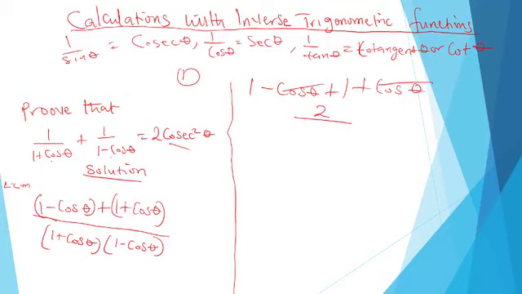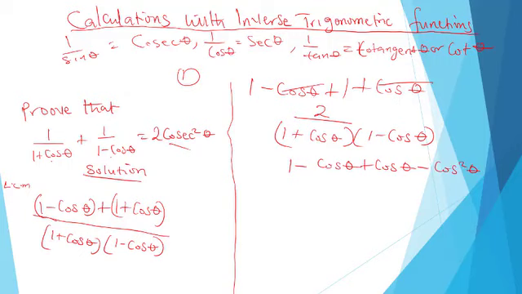We do the same to the denominator: we have 1 plus cos theta times 1 minus cos theta. 1 times 1 is 1, 1 times minus cos theta is minus cos theta, cos theta times 1 is plus cos theta, and cos theta times minus cos theta is minus cos square theta. So plus cos theta minus cos theta goes off. We now have 1 minus cos square theta, so we are at 2 all over 1 minus cos square theta.